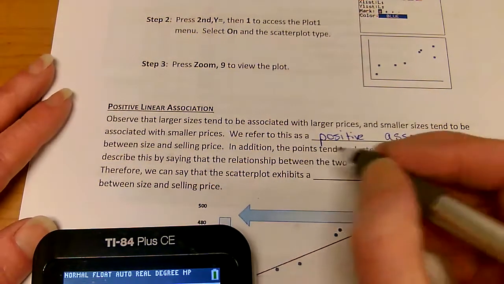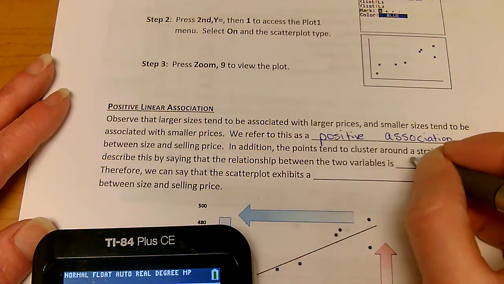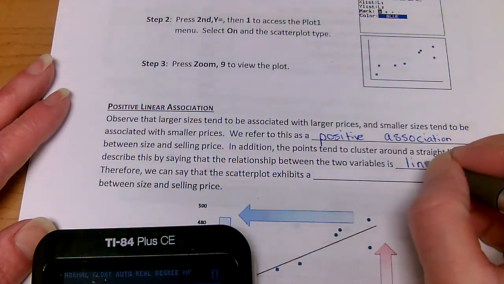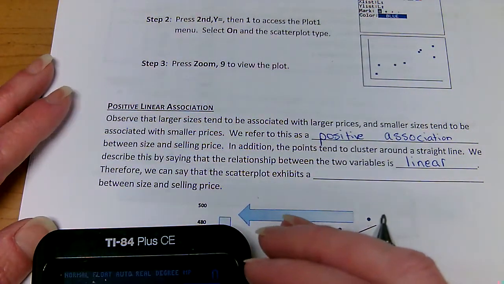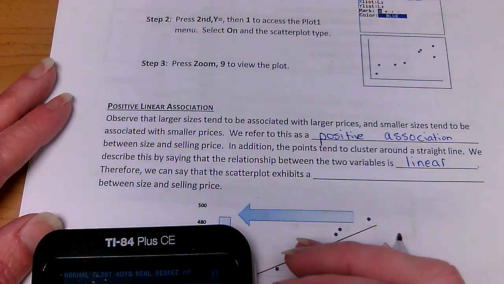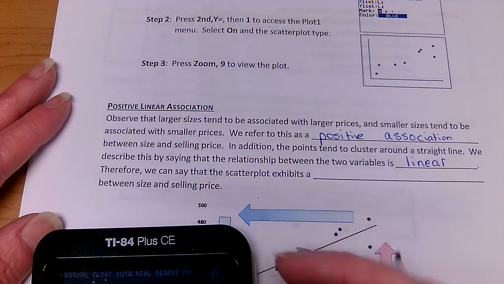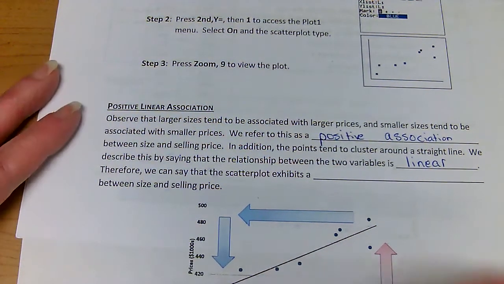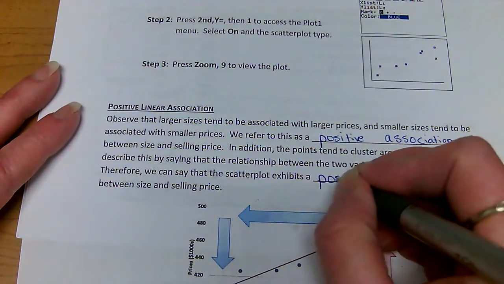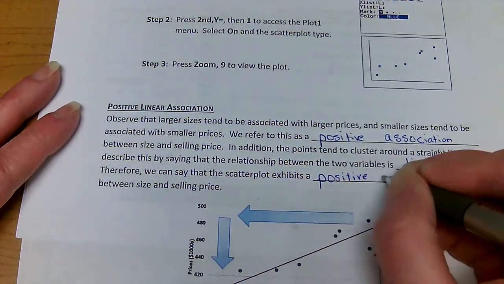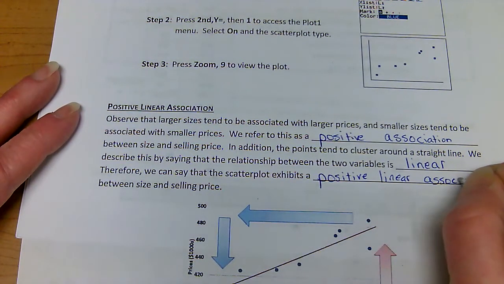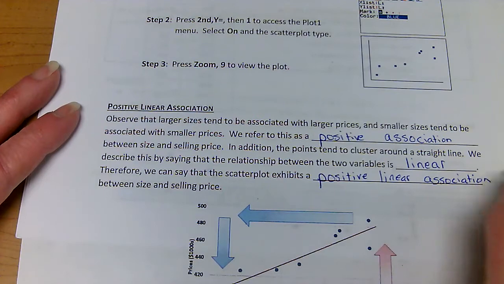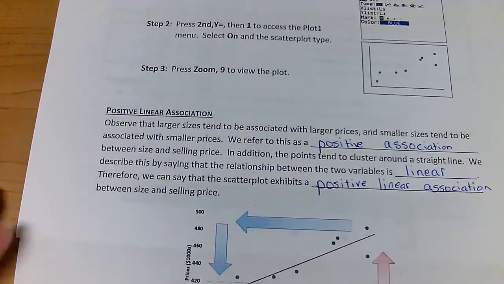We describe this by saying that the relationship between the two variables is linear. If it looks like a straight line, it's linear. Therefore, we can say that the scatter plot exhibits a positive linear association. It's going up, so it's positive, like slope, positive, and it looks like a line.